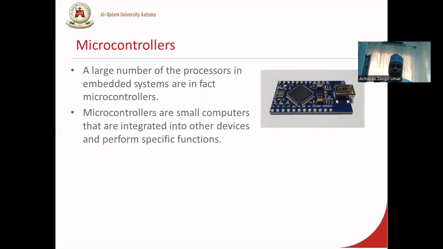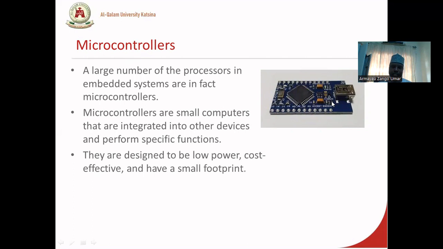What makes them microcontrollers rather than processors is the additional peripherals that they have. If you look at the diagram here, you see the processor is here, but different components are visible on these chips.